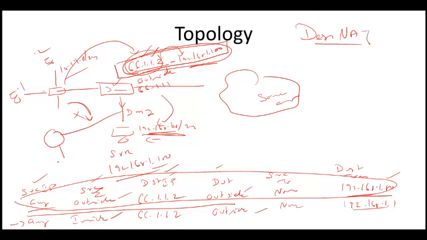Okay, no problem. So now this address is going to be 172.16, but the firewall knows only the 192.168.0 network. Let's say 101 is 100.